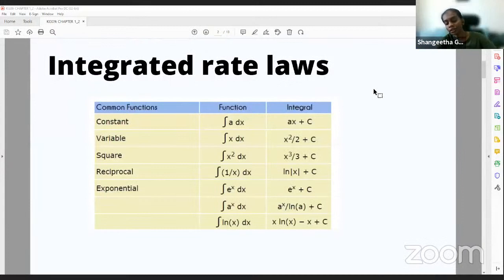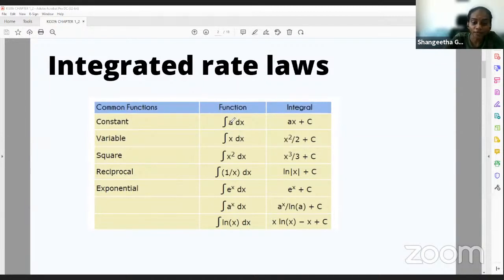Now, going into today's lesson, before we start about what we want to be learning about the integrated rate laws and how you want to calculate and so on, I want to draw your attention to remembering a little bit on the integration, and how you do integration.